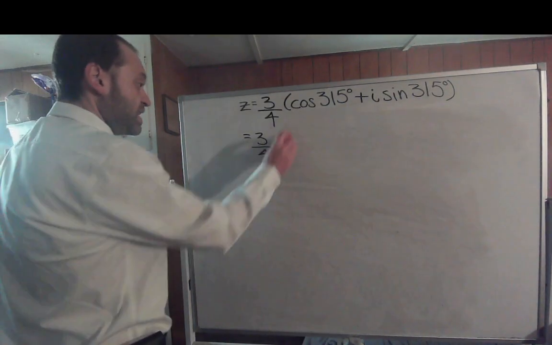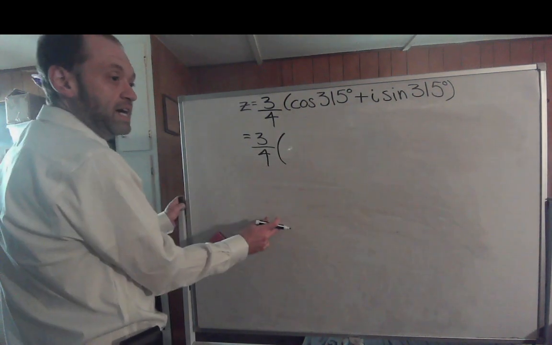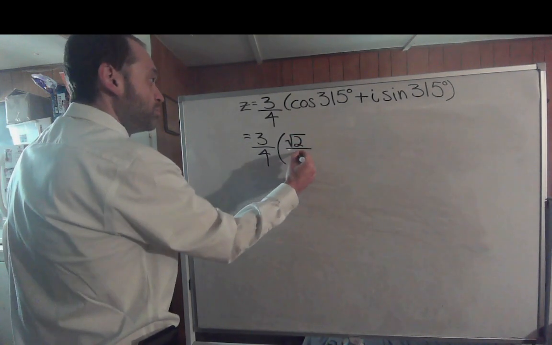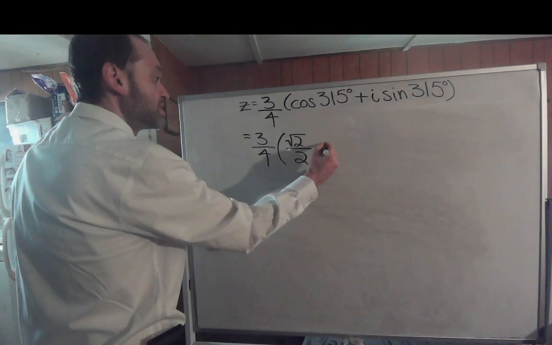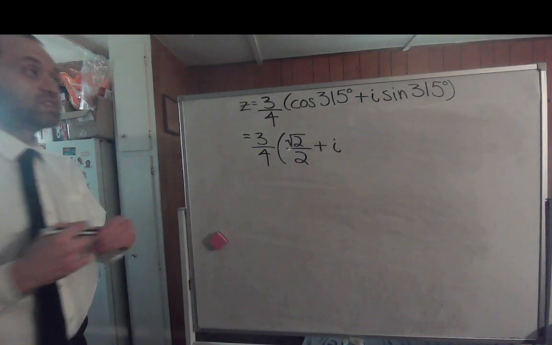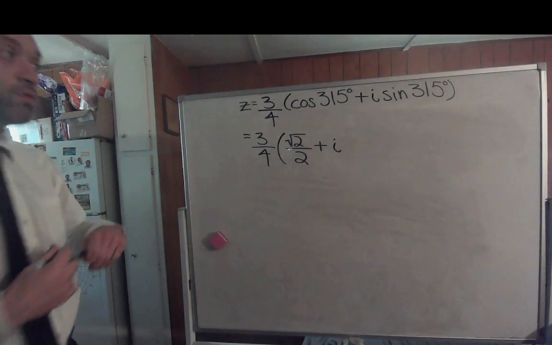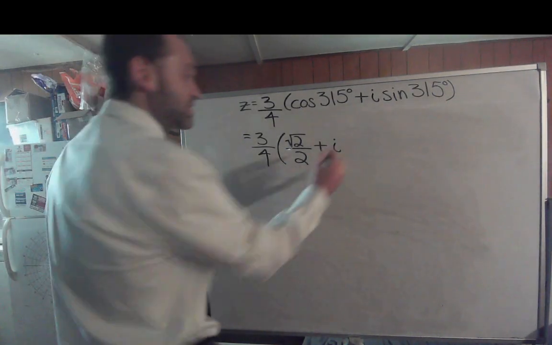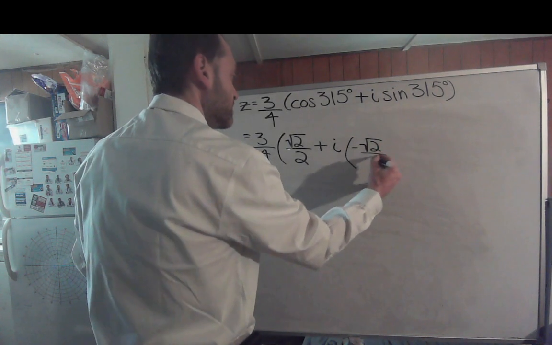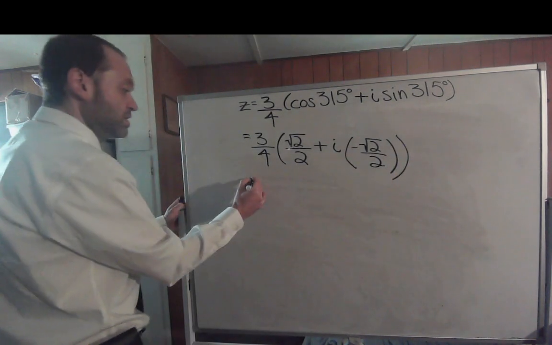Normally, the cosine of 45 is the square root of 2 over 2. So we'll put that in, plus you're going to have i times, what's the sine of 315 degrees? That's a 45-degree angle in the fourth quadrant. Since it's the sine, it'll be negative square root of 2 over 2. So now we'll just do the multiplication.